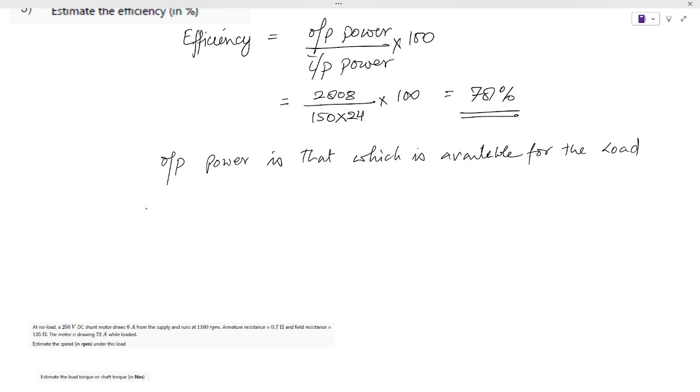Let me explain to you the flow of power. We have a stator. We are giving supply to this stator. The stator is developing some magnetic field, which is feeding the armature.